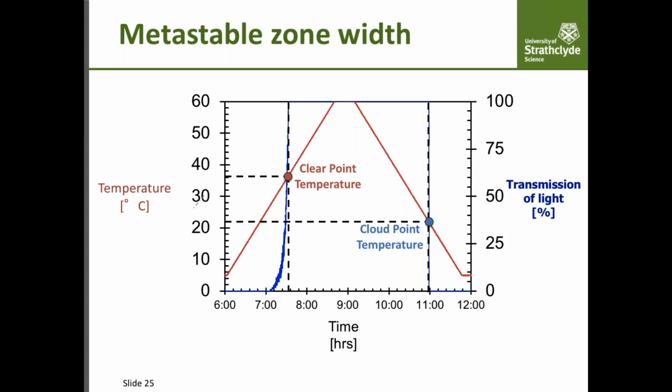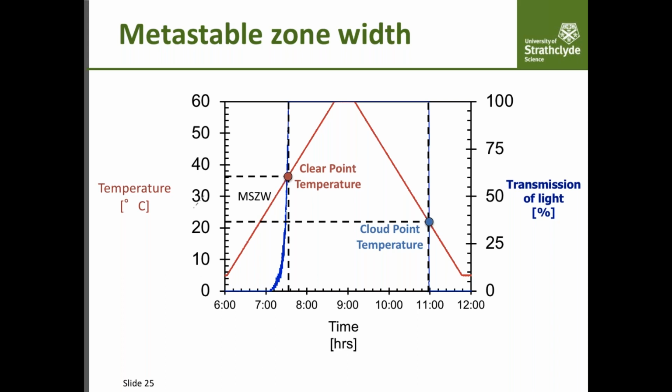So the difference between the two is the metastable zone width. That is the zone in which no nucleation occurs with the used cooling rate. So that would be a good thing to know if you do a seeded cooling crystallization, for instance.